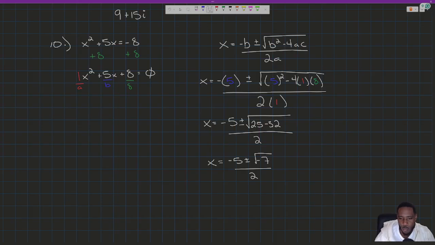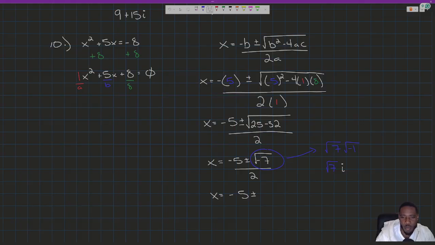And if we wanted to take it one step further, what we could recognize is the square root of negative 7 is the same thing as saying the square root of 7 times the square root of negative 1, which is just the same thing as saying the square root of 7, and the square root of negative 1 is i.